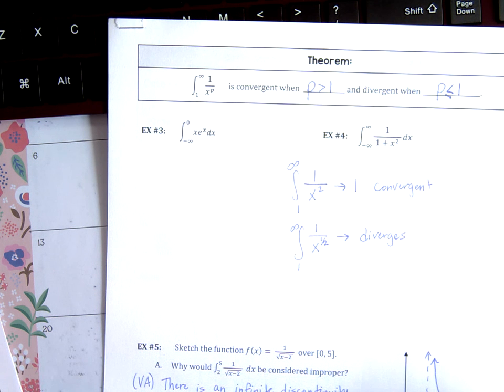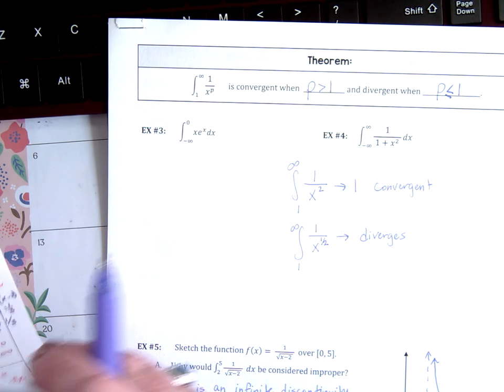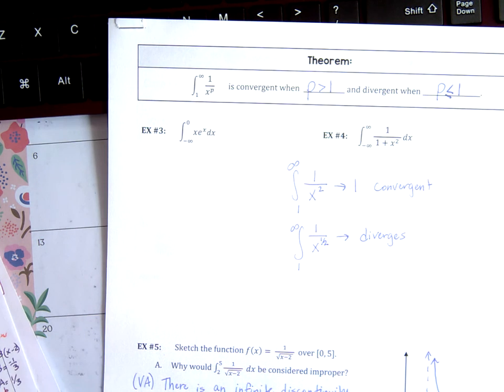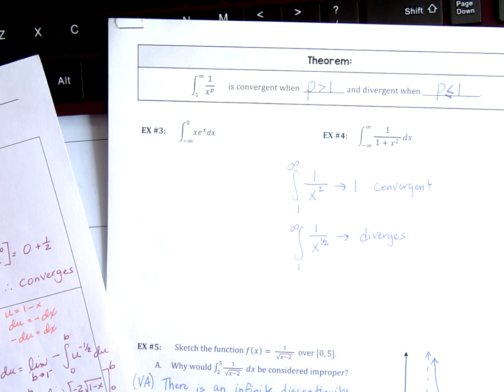Actually, you probably can do more. I'm looking to see if you can do 1 through 5, but you can also do 7.